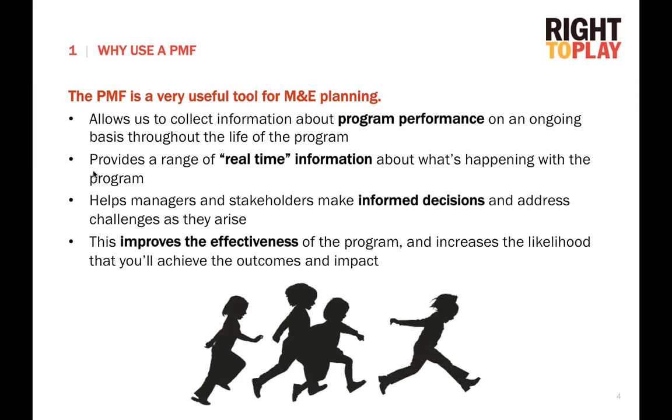It also provides managers and stakeholders with real-time information about things like the use of resources, how many children and communities the program has reached, the progress that is being made towards achieving outputs and outcomes. And it helps managers and stakeholders make informed decisions and address challenges as they arise. And of course, this helps improve the effectiveness of the program, and it increases the likelihood that you'll achieve the outcomes and the impact that you're aiming to.